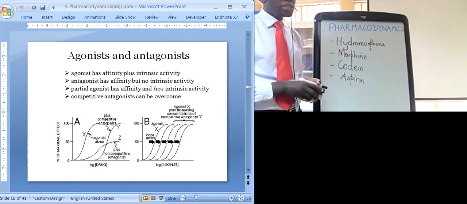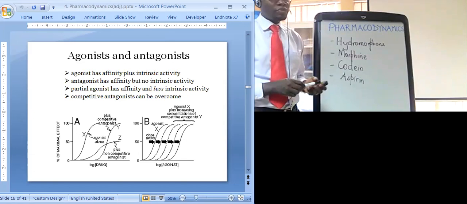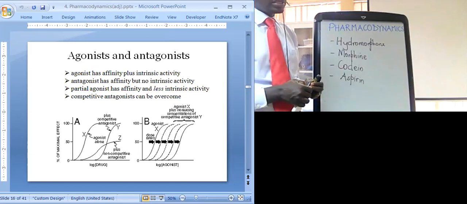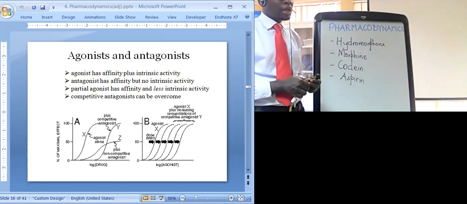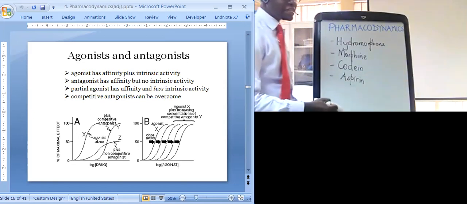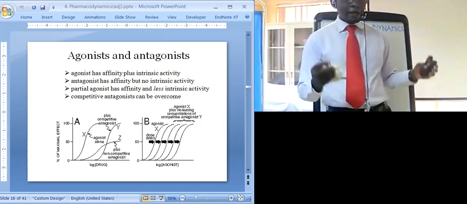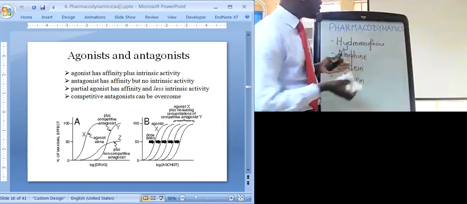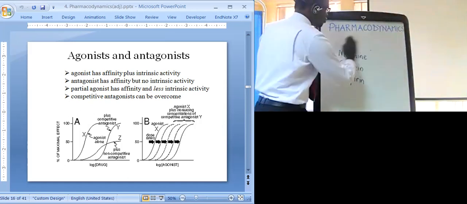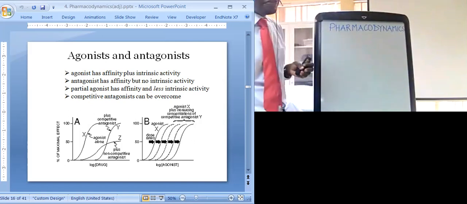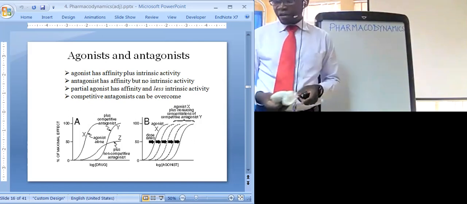All right. So let's talk about what we call agonists and antagonists. An agonist, as we said earlier on, has both affinity and intrinsic activity, or both efficacy and affinity.